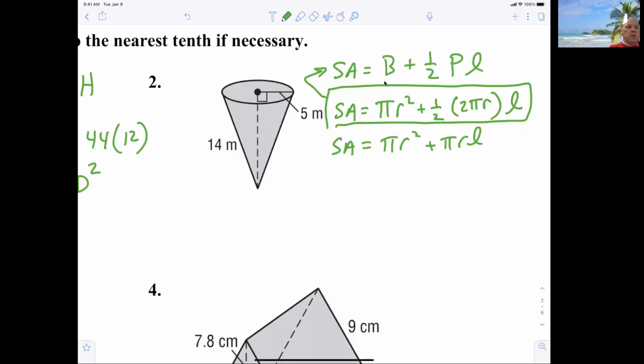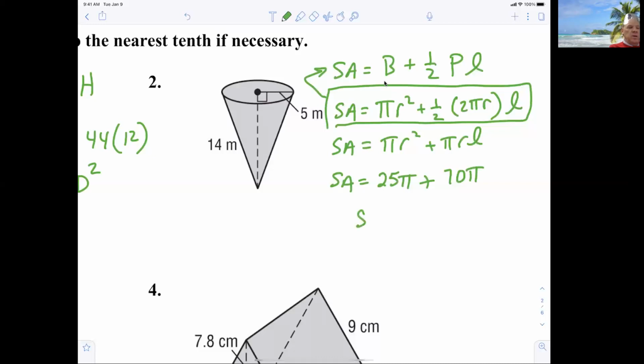Now, obviously, we leave answers in terms of pi, and I know they say round to the nearest tenth, all right? But we're just going to say surface area is equal to what? 25 pi plus pi r L. What's r? Thank you. 70 pi, whoever said that.